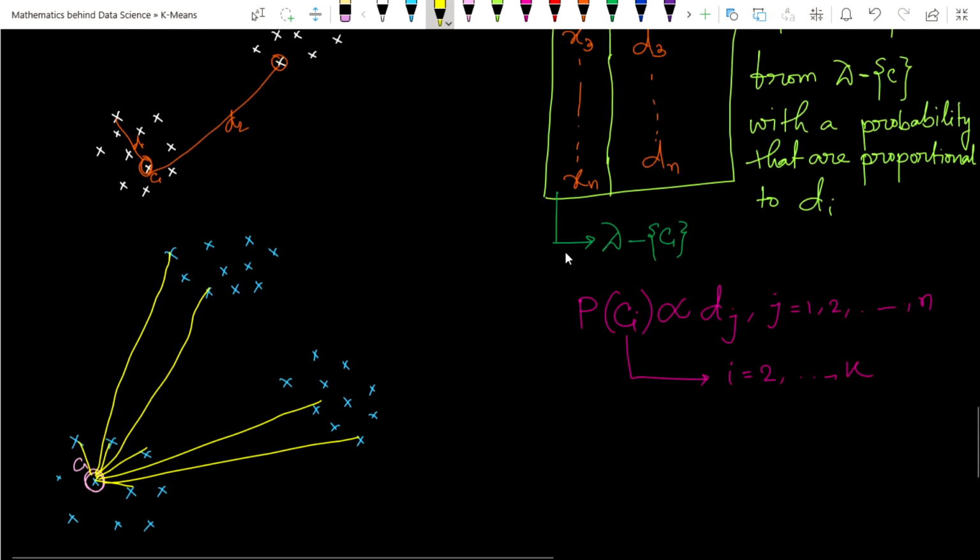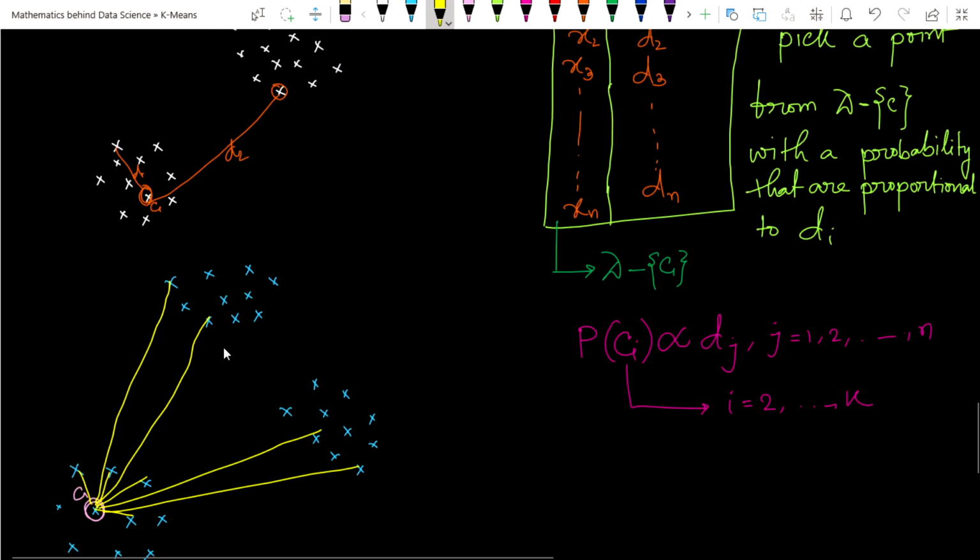Now based on these distances, we make a distribution such that the probability of picking the next centroid is proportional to these distance values. The distances from this point to these points are high, so the picking of the next centroid will be proportional to these regions, because these distances are high.